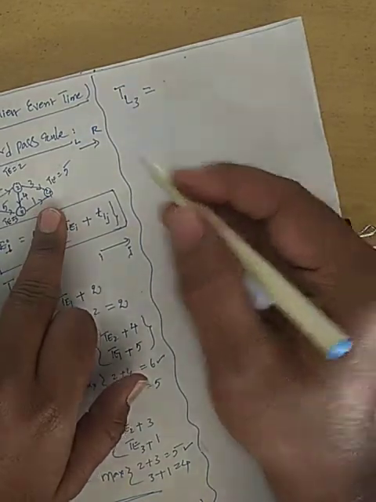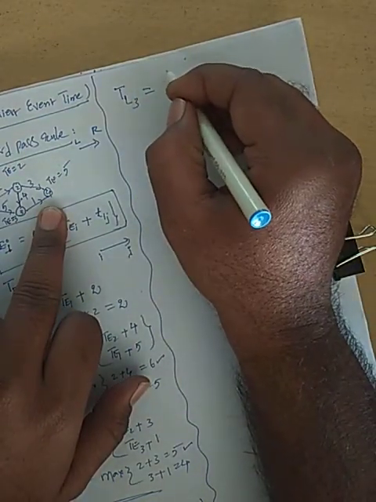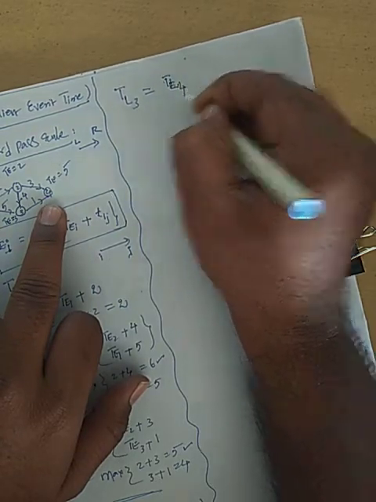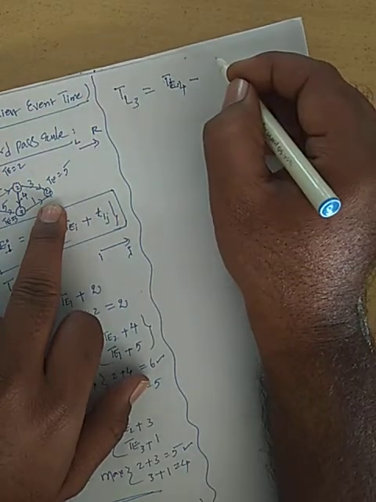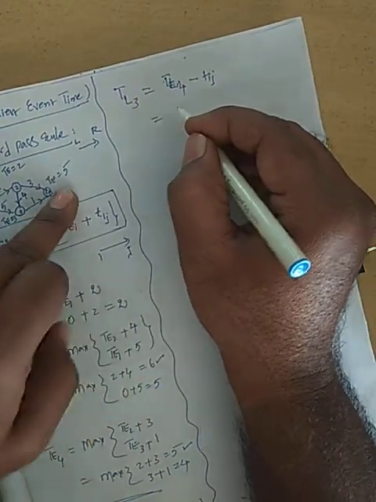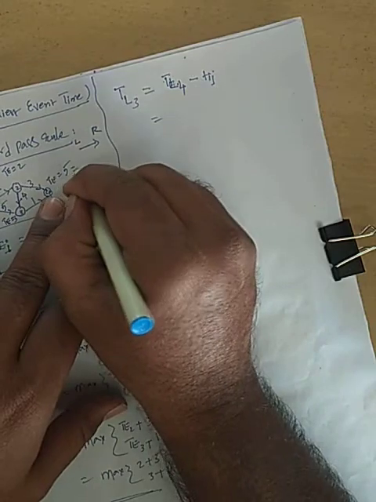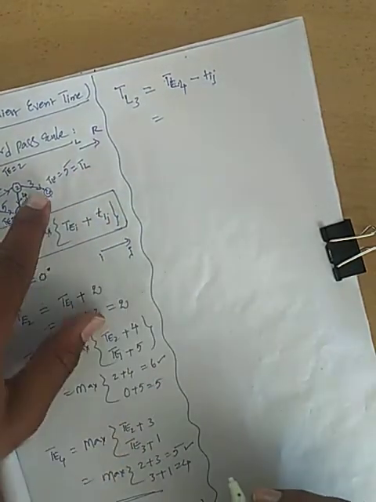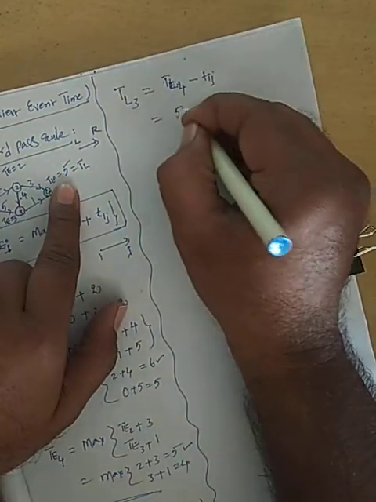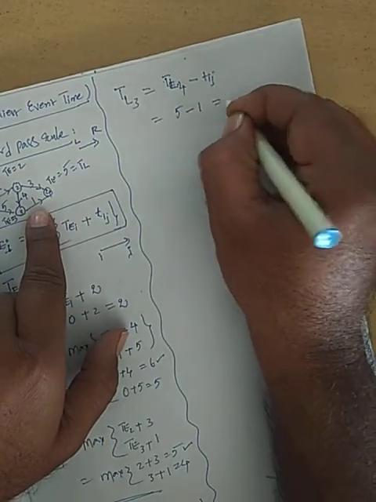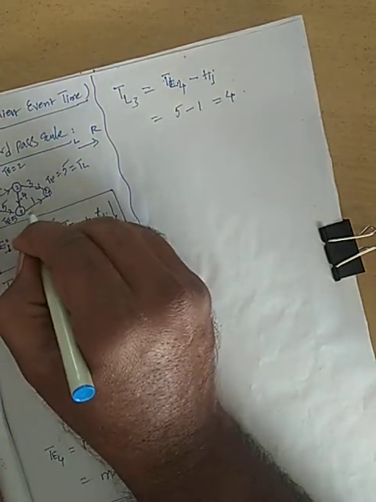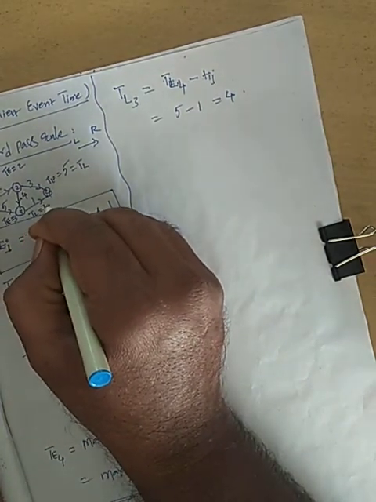Only one path, which is TL4 minus Tij. What is TL4? Just now we got it, which is also nothing but TE. For the last value, TE is equal to TL, how much? 5. So 5 minus, what is that value? 1. Nothing but 4. So TL3 is equal to 4 in the network.